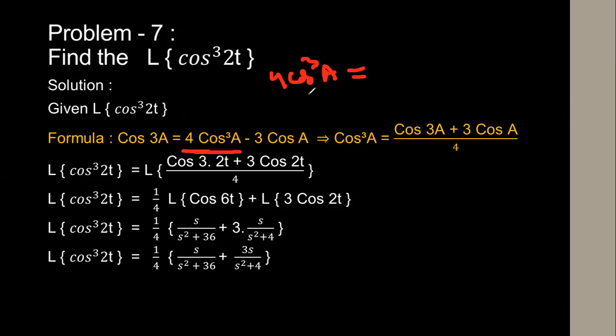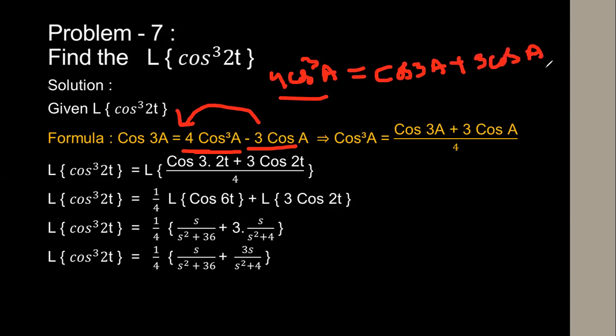That's why I have taken 4 cos cube a to one side, and this minus 3 cos a will be taken to the LHS, then you will get a plus. So we have cos 3a on the LHS plus 3 cos a, which is shifted from the RHS. We need only cos cube a, so the 4 multiplied with cos cube a will be taken to the denominator.